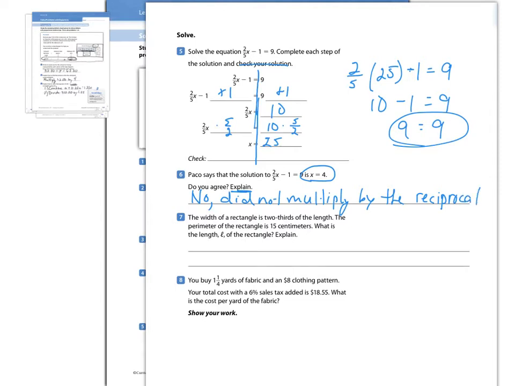Paco took 10 and multiplied it by 2/5. Paco should have taken 10 and multiplied it by the reciprocal of 2/5, which again is 5/2.